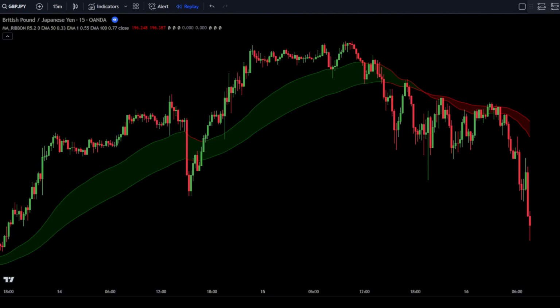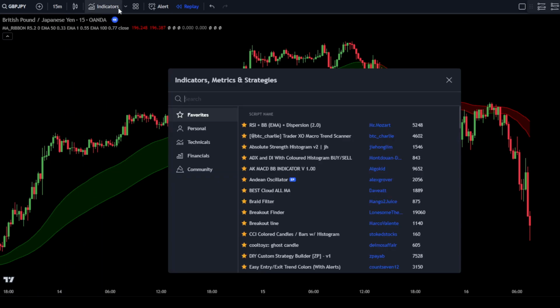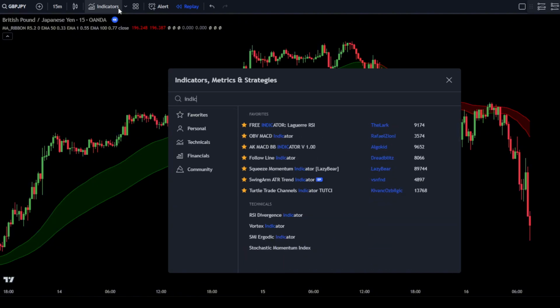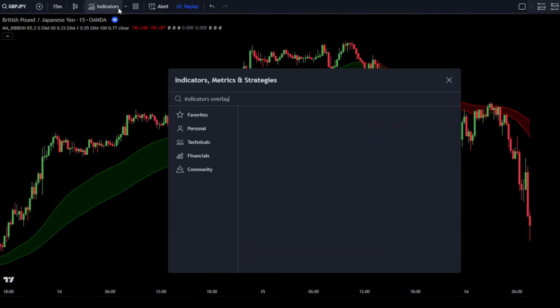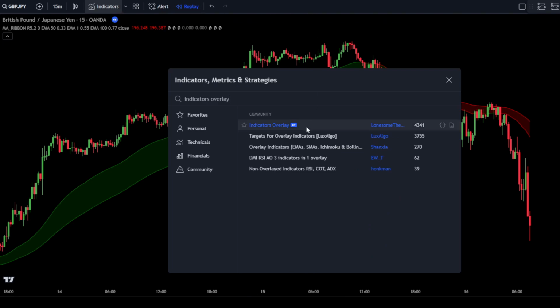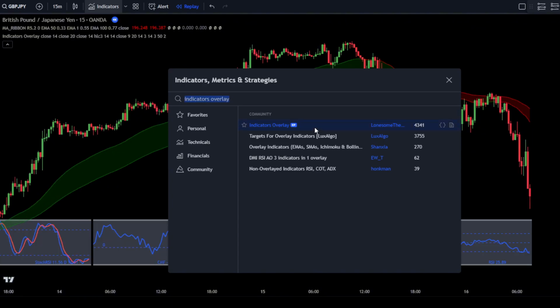To find the best points to place entry buys and entry sells, you can add one more indicator. Go to the Indicator Search tab, then type Indicators Overlay. Next, simply select Indicators Overlay by Lonesome the Blue.